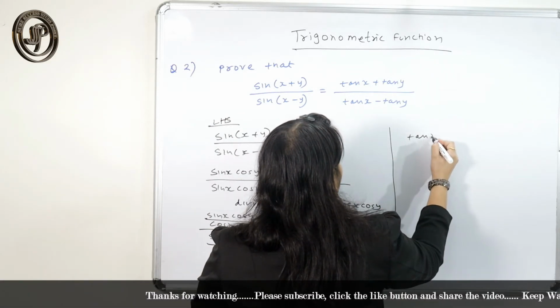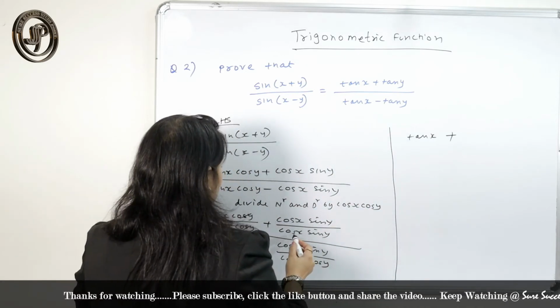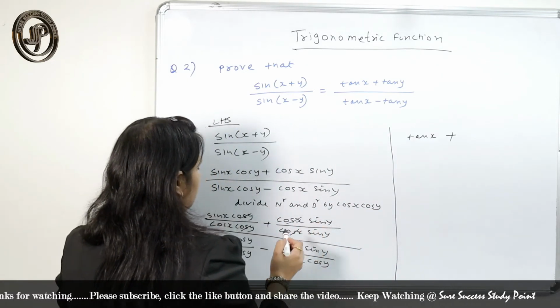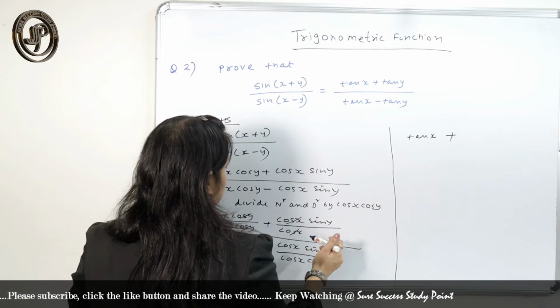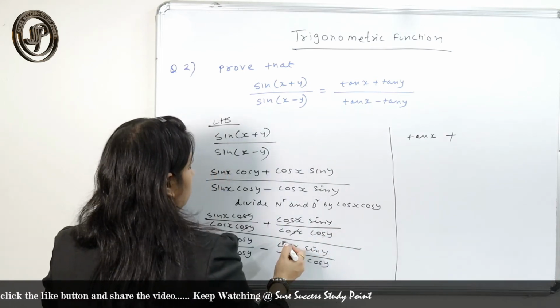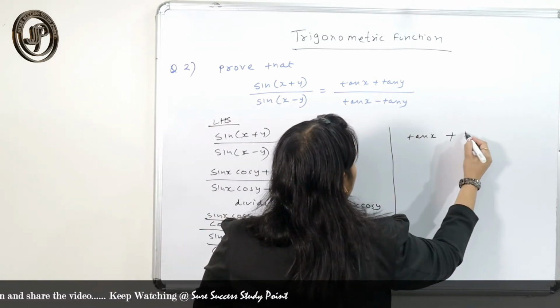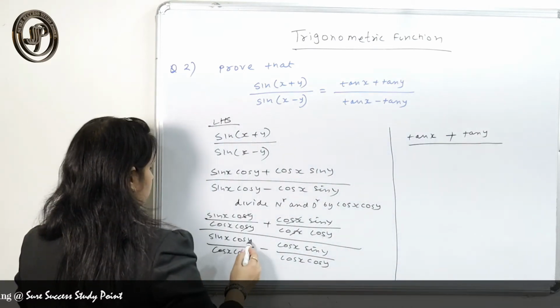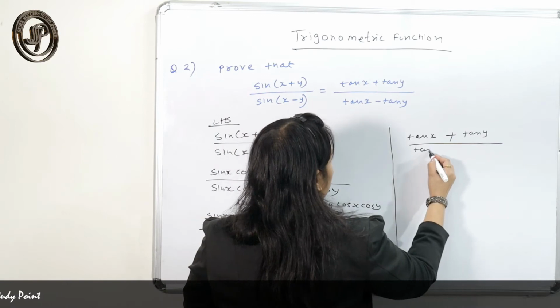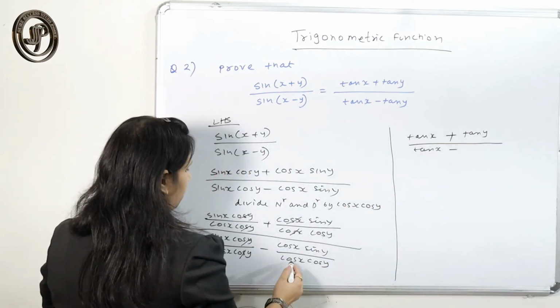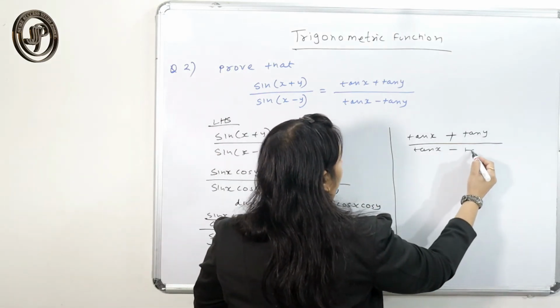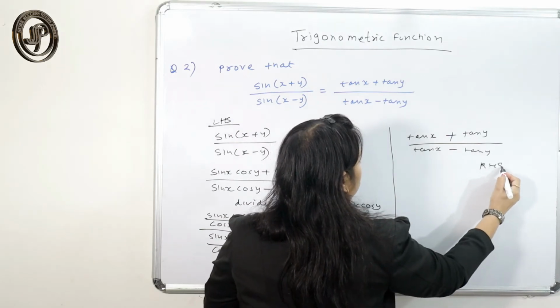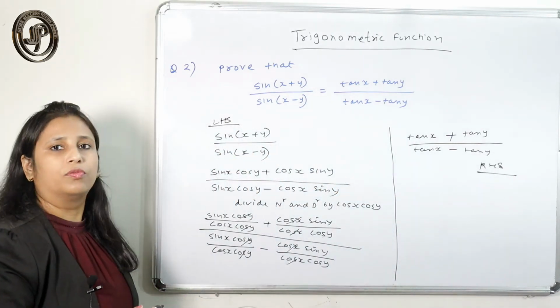Here I get tan x plus, here this is cos y, right? So cos x will cancel, here tan y. And here cos y will cancel out, tan x minus tan y, which is my RHS that I needed to prove.